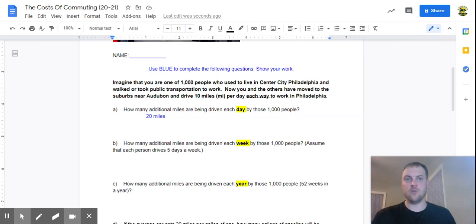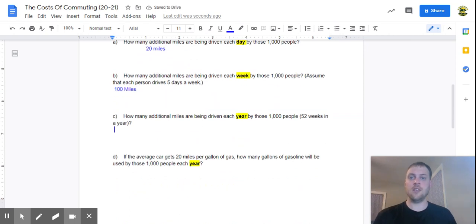So we will do 20 miles times those 5 days per week. That's going to tell us that on average per week, these people are driving an extra 100 miles. So 100. There you go.